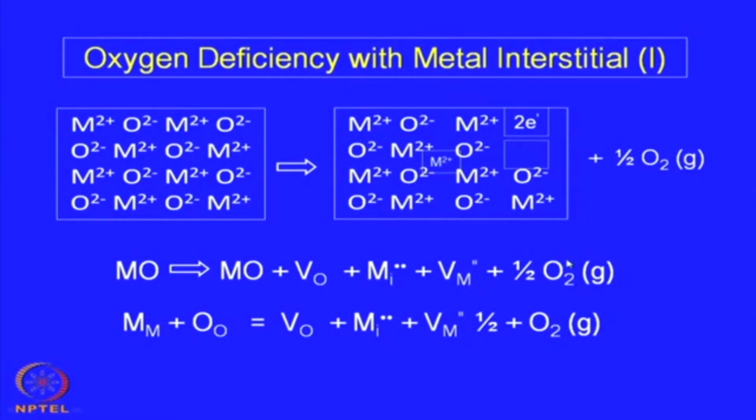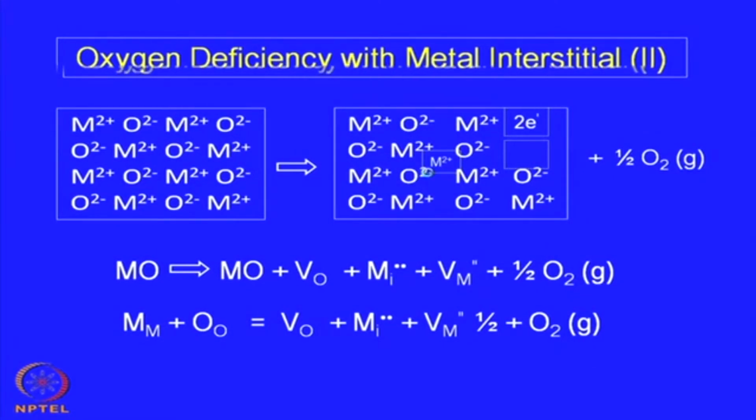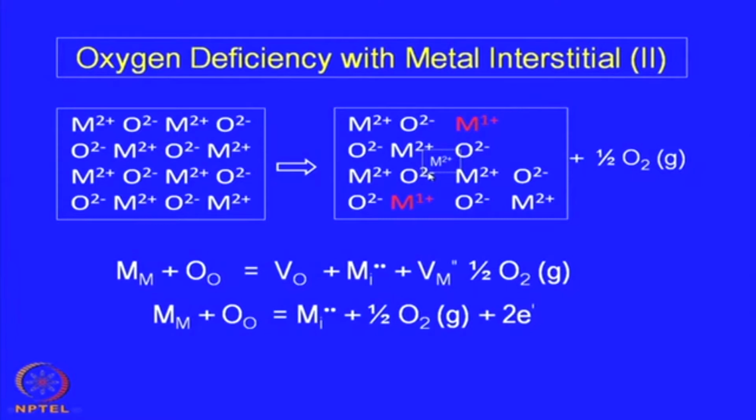Right. So, this is the reaction, and I am going a little fast because these are more or less similar things. Once somebody looks at it, I am sure it will be quite clear. So, the same thing: the electrons which were there have now been distributed to two metal ions.